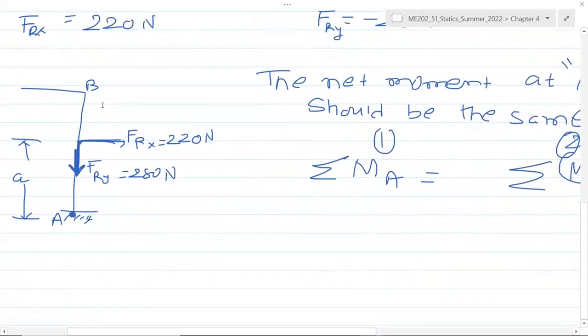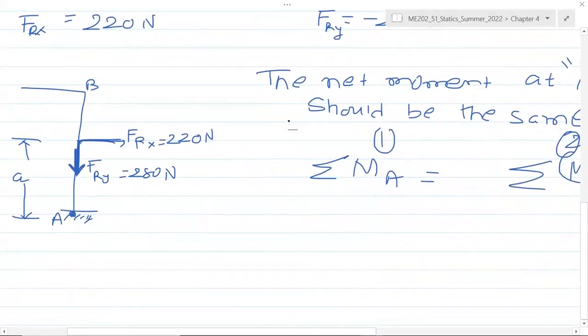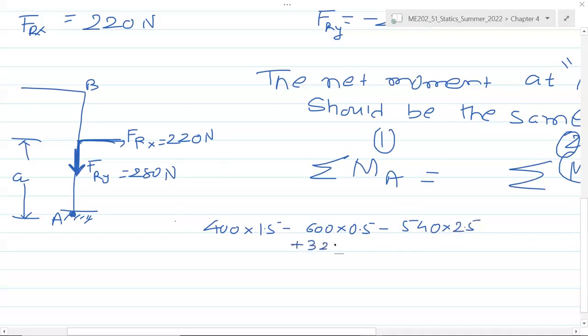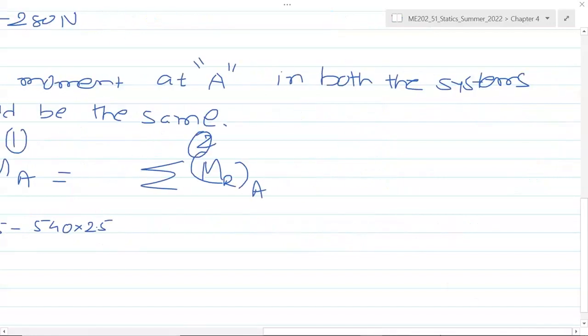So let's substitute everything for the multiple system. This is now 400 multiplied by 1.5 minus 600 multiplied by 0.5 minus 540 multiplied by 2.5 plus 320 multiplied by 1. These are the different moments.